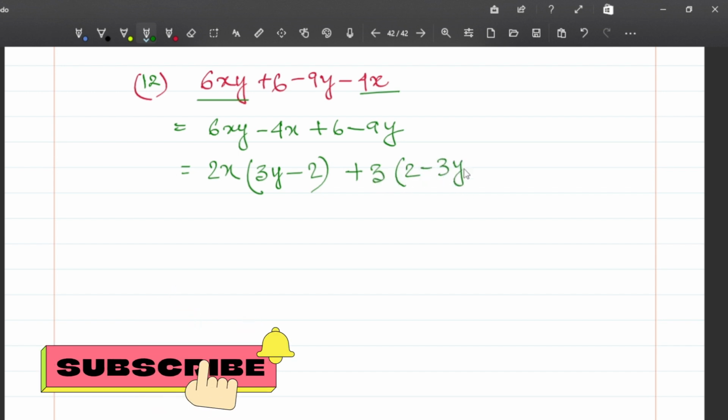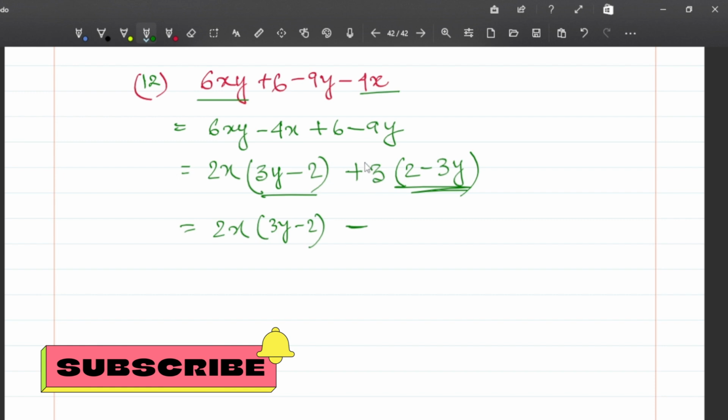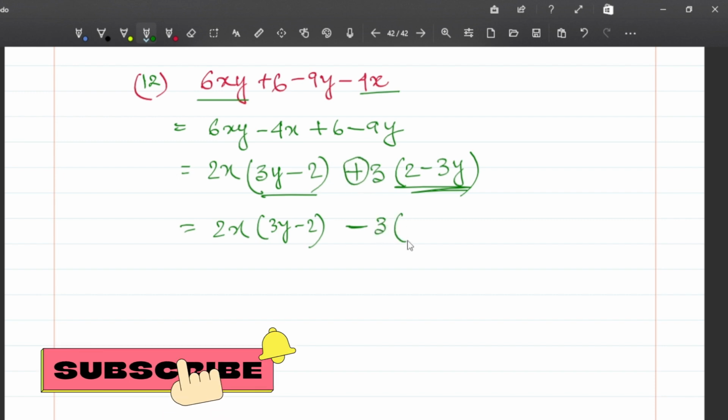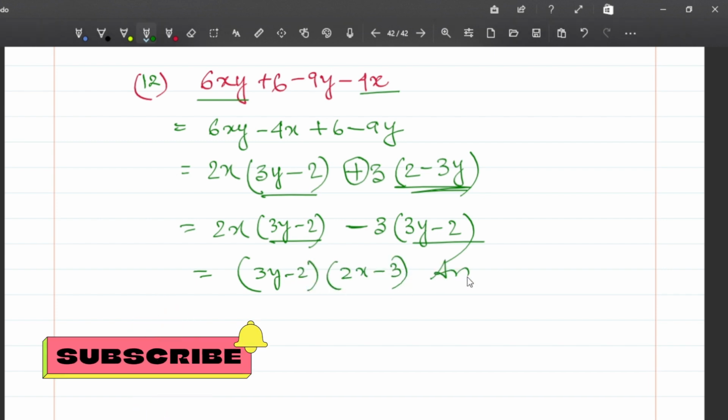Now look at this very carefully. These two are not the same. So you can make them the same by changing this sign. So now you can take common and get the answer.